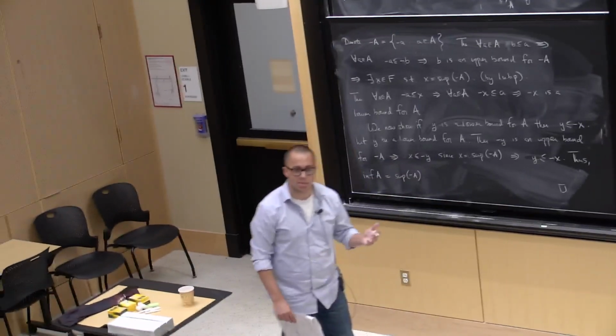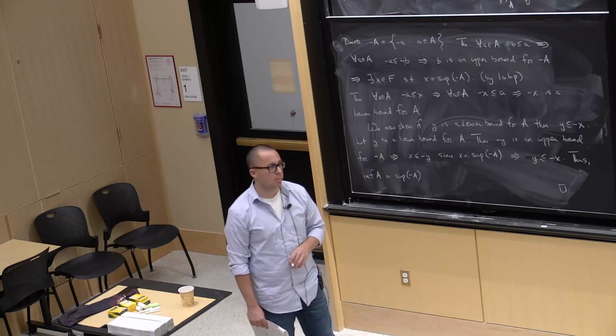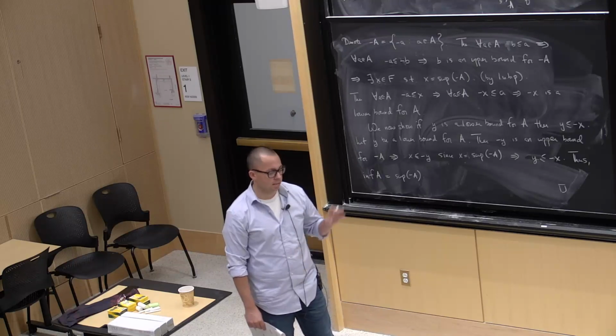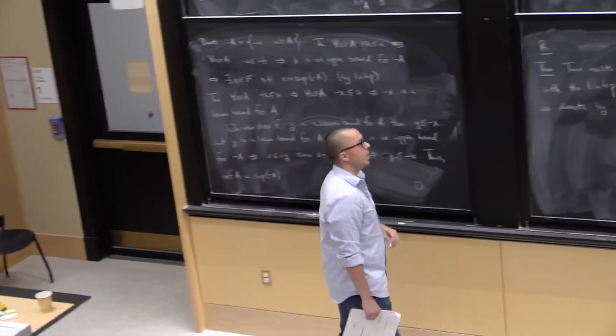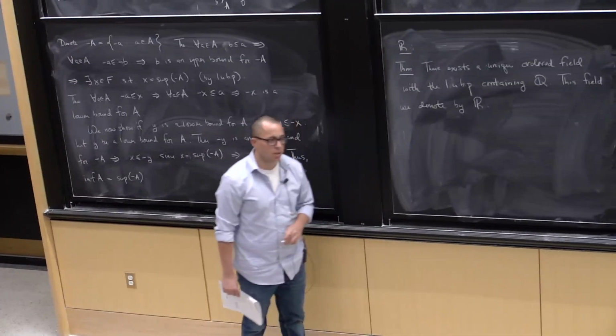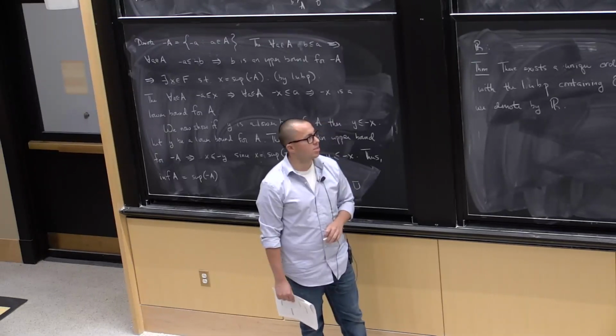Okay, it does not have this least upper bound property. And what characterizes the real numbers is that it is an ordered field containing Q, and it's the unique one with the least upper bound property.